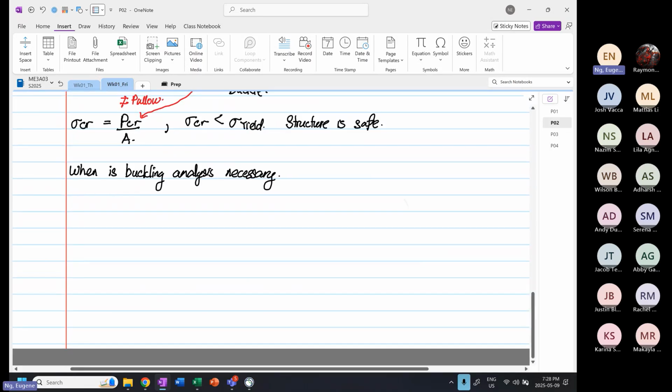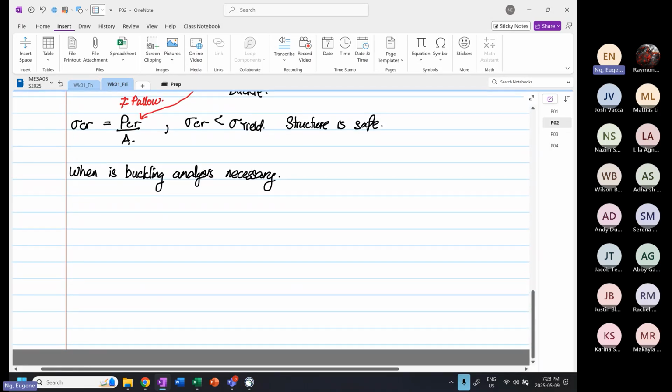The formula that we are going to use to see when buckling analysis is necessary is we are going to look at the critical load, which will be equal to pi squared E over (LE over R) squared. So now we see a new term.